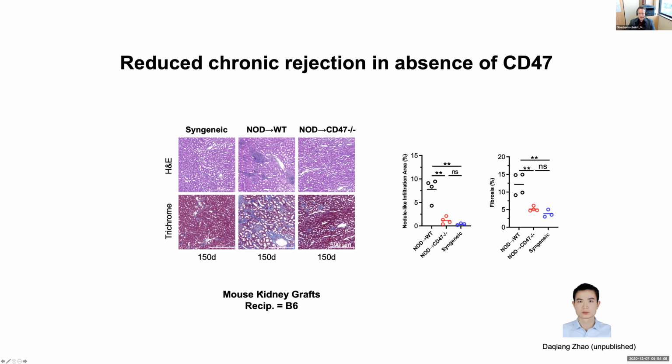So here he transplanted either syngeneic grafts, meaning B6 to B6, or NOD to wild type, or NOD to CD47 recipients. And what you can see looking at the histology here is if you compare the syngeneic with the allogeneic graft, you see a lot more nodular infiltration, and you see fibrosis here in blue, indicating chronic rejection.